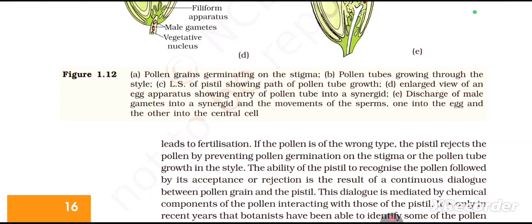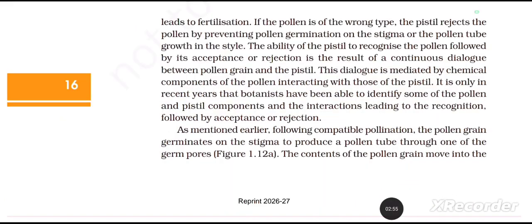The ability of the pistil to recognize the pollen, followed by its acceptance or rejection, is the result of a continuous dialogue between pollen grain and the pistil. This dialogue is mediated by chemical components of the pollen interacting with those of the pistil. It is only in recent years that botanists have been able to identify some of the pollen and pistil components and the interactions leading to the recognition followed by acceptance or rejection.